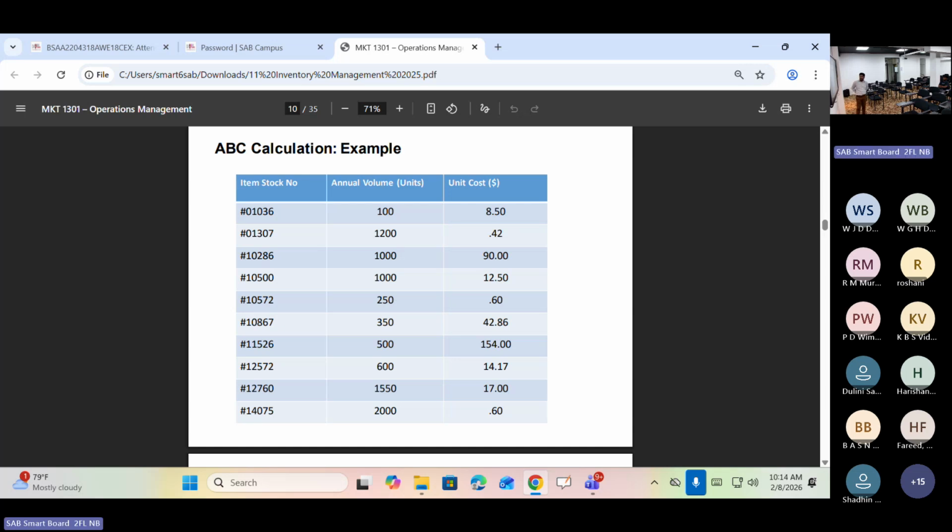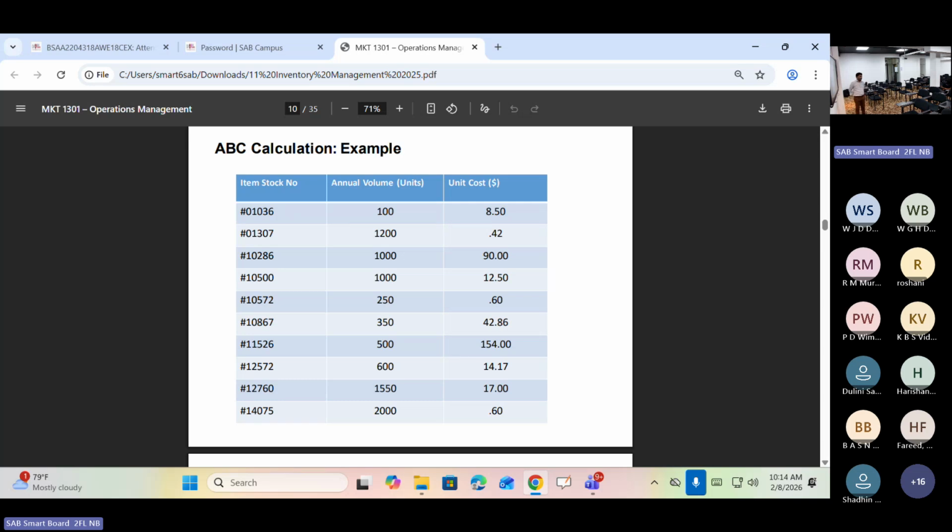To make the example simple, only 10 items are mentioned here. Assume that they maintain 10 SKUs in the stocks, and the annual volume requirements are given with the unit cost of each item.